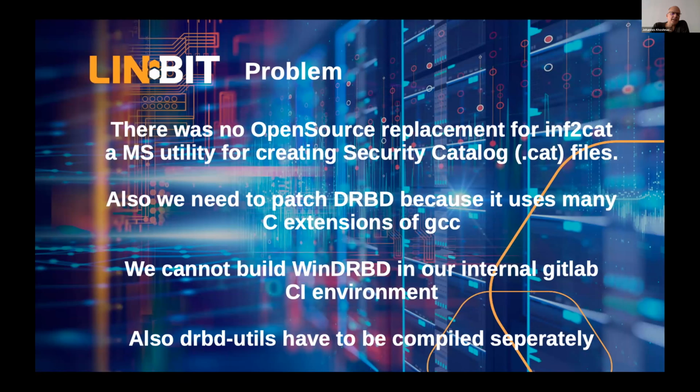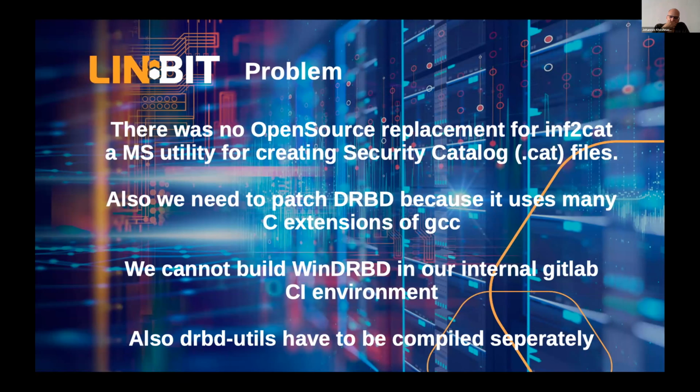There actually is a program, but this requires a Windows library and therefore has to be run under Windows. And since we can't compile via SSH, we cannot run the build process in our CI environment internally.